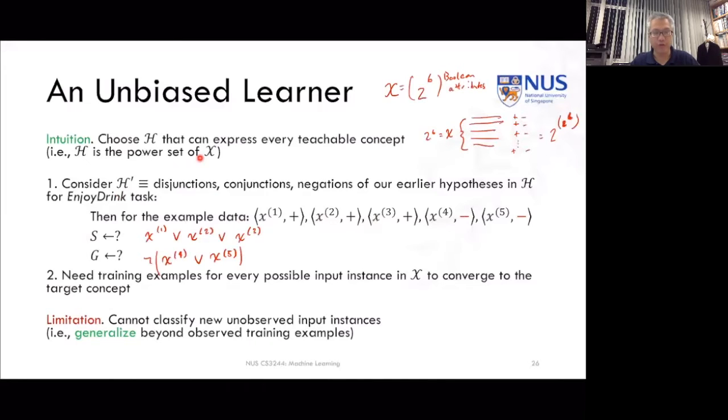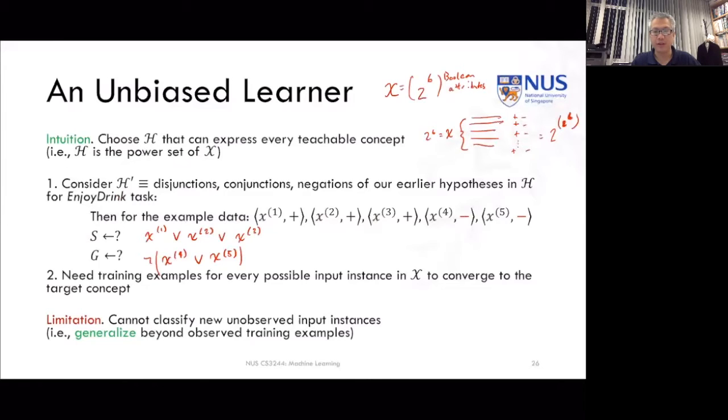Anything that we draw from our power set X that's not one of these 5 examples, well, then what would it classify? Well, the problem here is that in our version space, between the boundaries of S and G, there's going to be one hypothesis that accepts that drink and one hypothesis that doesn't accept that drink, that will return a negative value. So it's always going to be equally balanced in both directions.